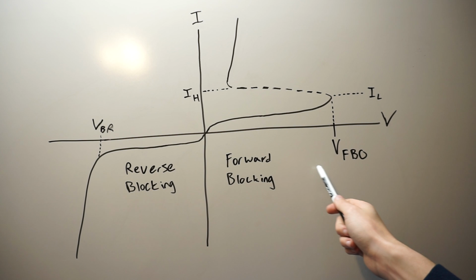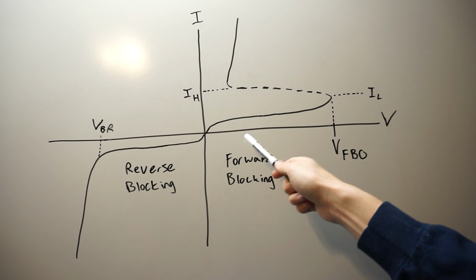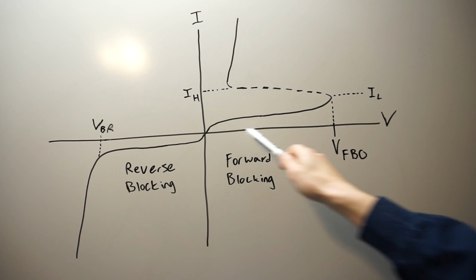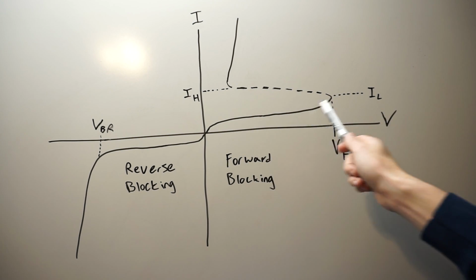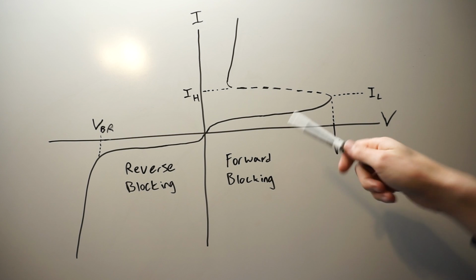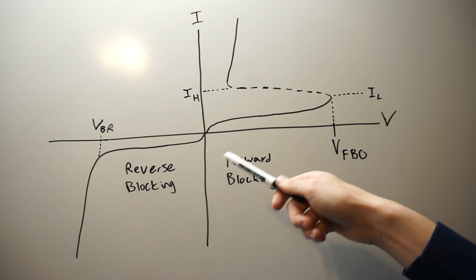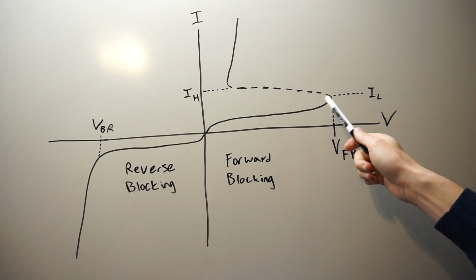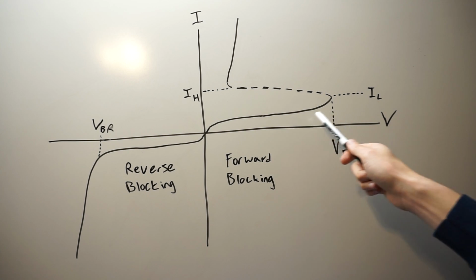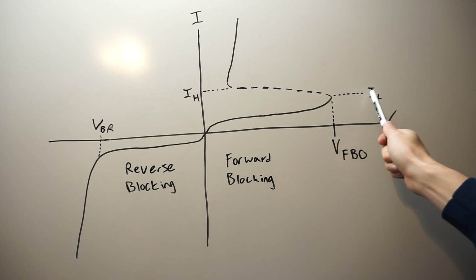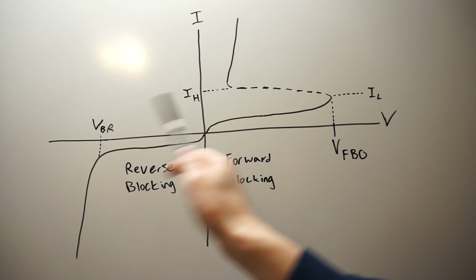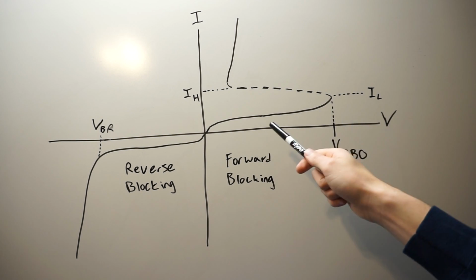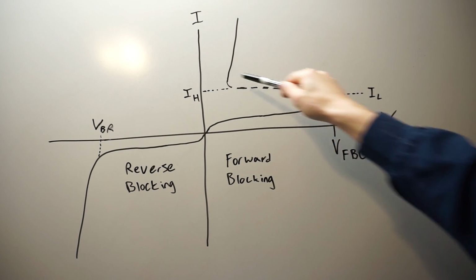This region here is the forward blocking region, so current is not really going through, like I said, an insignificant amount, especially for the power levels these are typically used for. Then you get to the latching current. This is IL, the latching current. If it's enabled, either from the forward breakover voltage or from the gate, this thing will go into the conducting region.